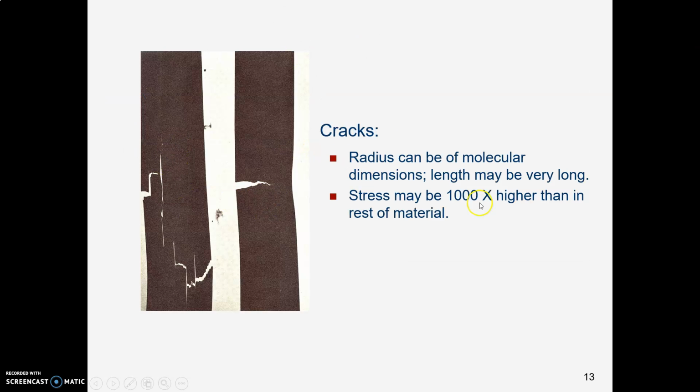At the end of a crack, and a crack corner just makes that worse, the radius can be tiny, tiny, and you might wind up with a stress concentration at the tip of the crack 1,000 times higher than the stress in the rest of the material. So it's a big deal.